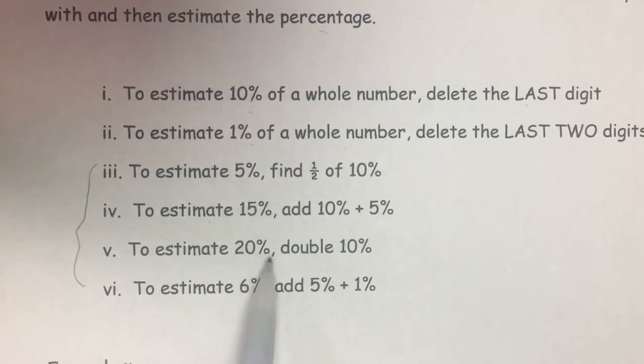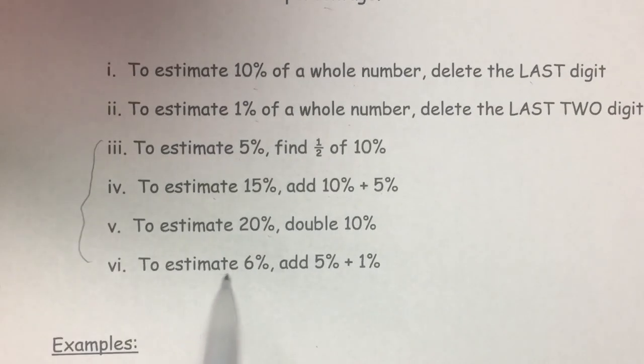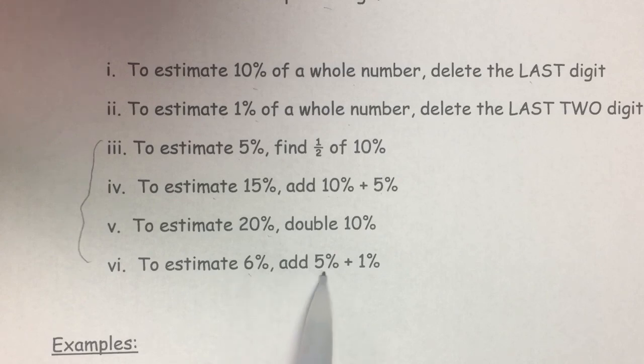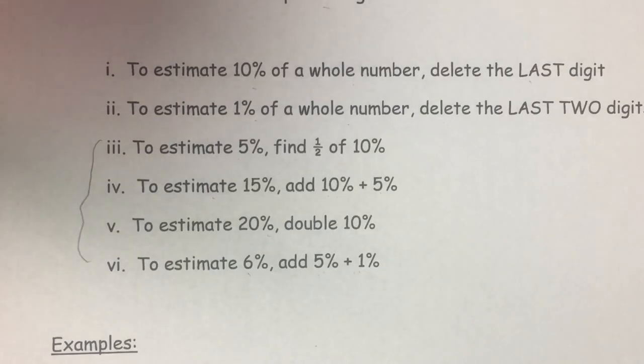If I want to estimate 20%, you just find the 10%, and then you double it, or multiply it by 2. And if you want to estimate 6%, for example, Michigan has a 6% sales tax, you add the 5% and the 1%. Because, of course, 5 plus 1 is 6.